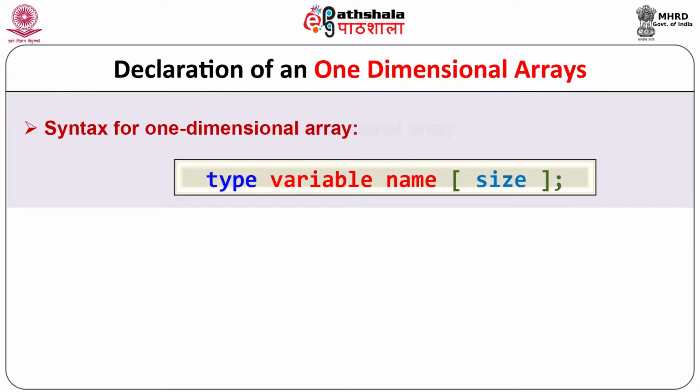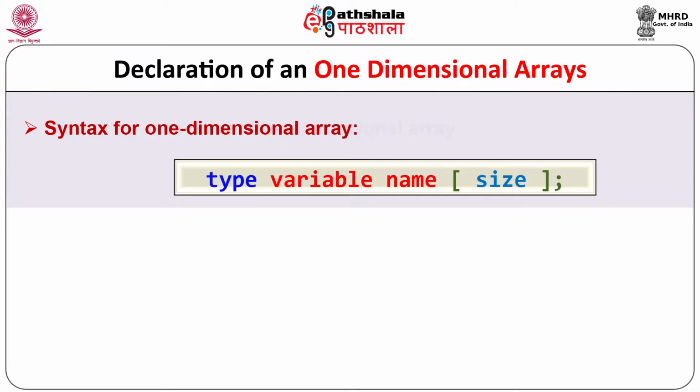Variable name means the name of the array. Size means the size of the array, how many elements you are storing in the array. Array size must be an integer and constant, and that value should be greater than 0. Array type can be any valid C data type, meaning integer, float or character.